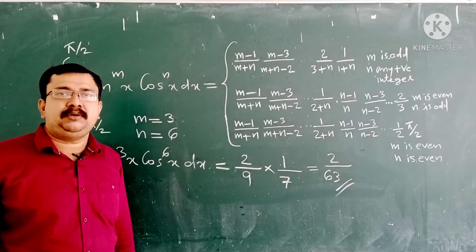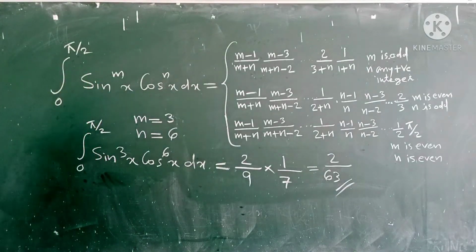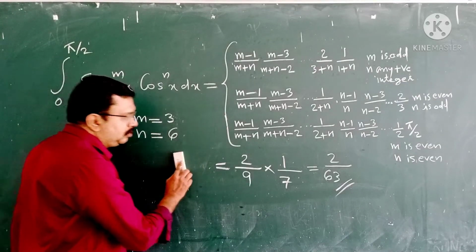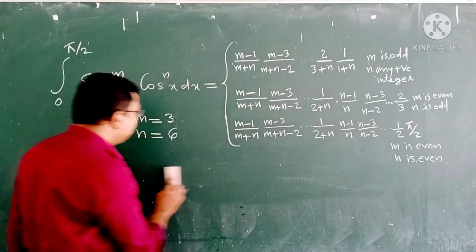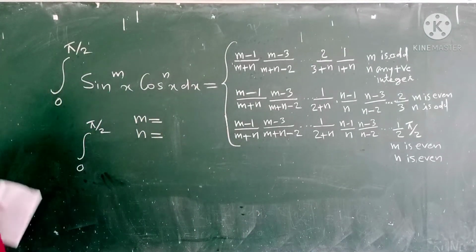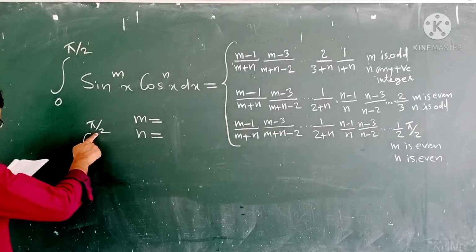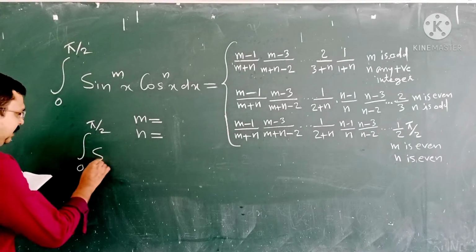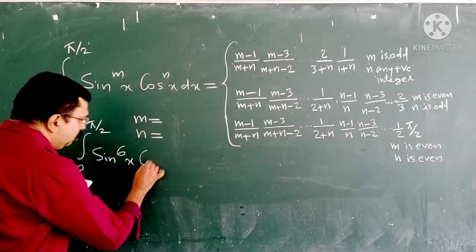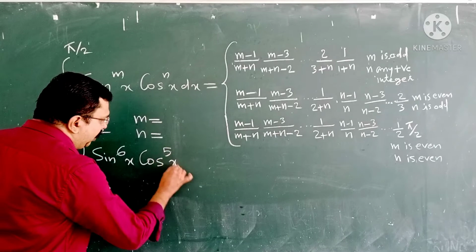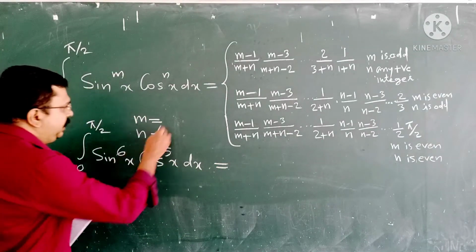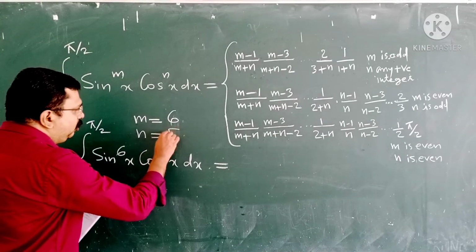Now we can do our third question. The third question is the integral from 0 to pi by 2 of sin raised to 6x into cos raised to 5x dx, here m equal to 6, n equal to 5.